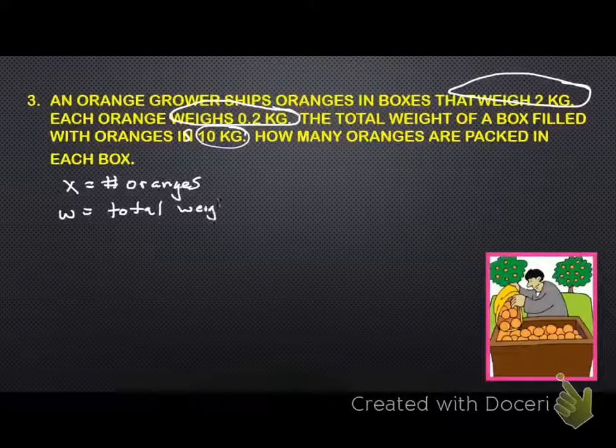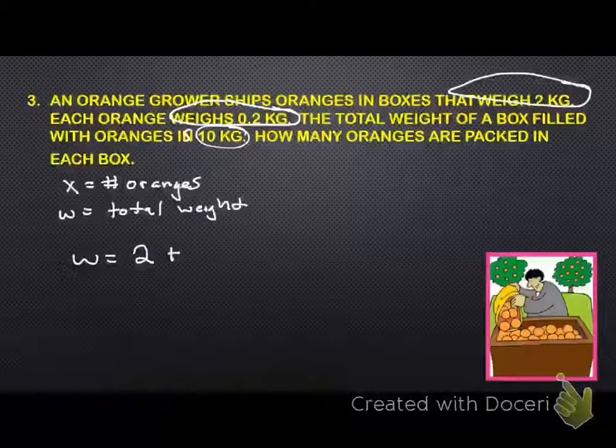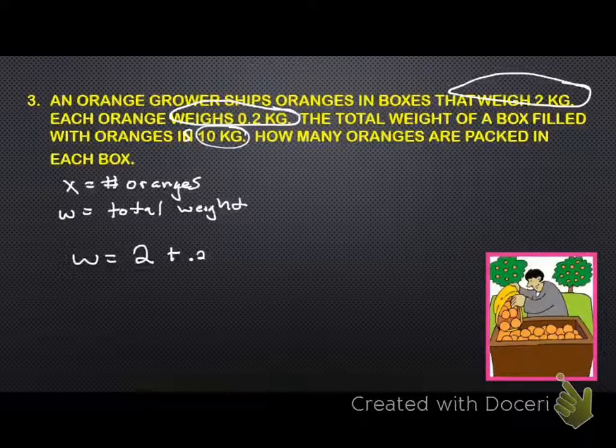How do I calculate the total weight of a box? W is what? What's the box by itself weigh? 2 plus, how much does one orange weigh? 0.2 times the number of oranges.